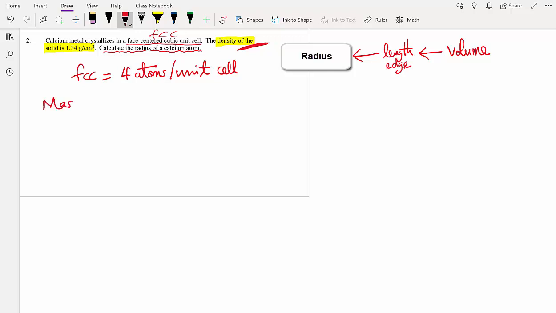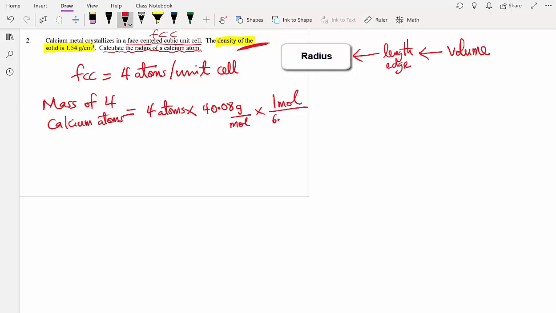So mass of 4 calcium atoms will be equal to 4 atoms multiplied by 40.08 gram for 1 mole of calcium multiplied by 1 mole of calcium will normally contain 6.022 times 10 to the power of 23 atoms.